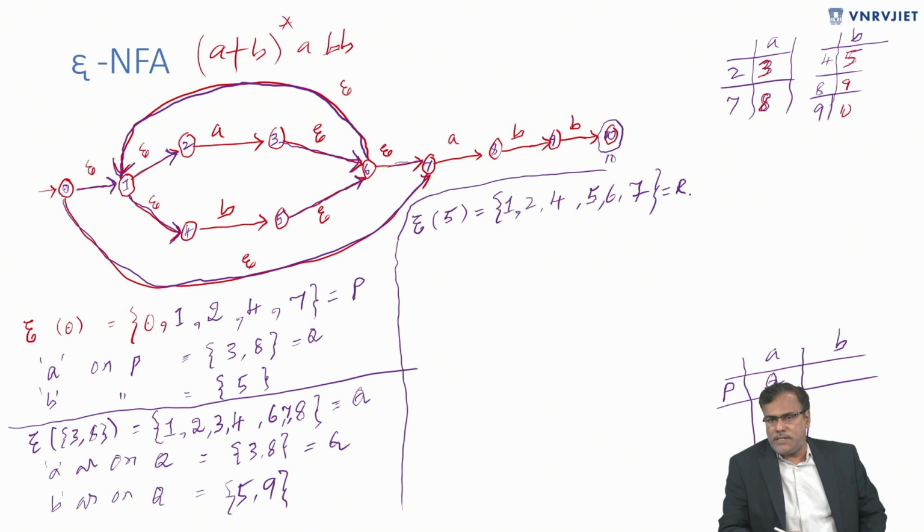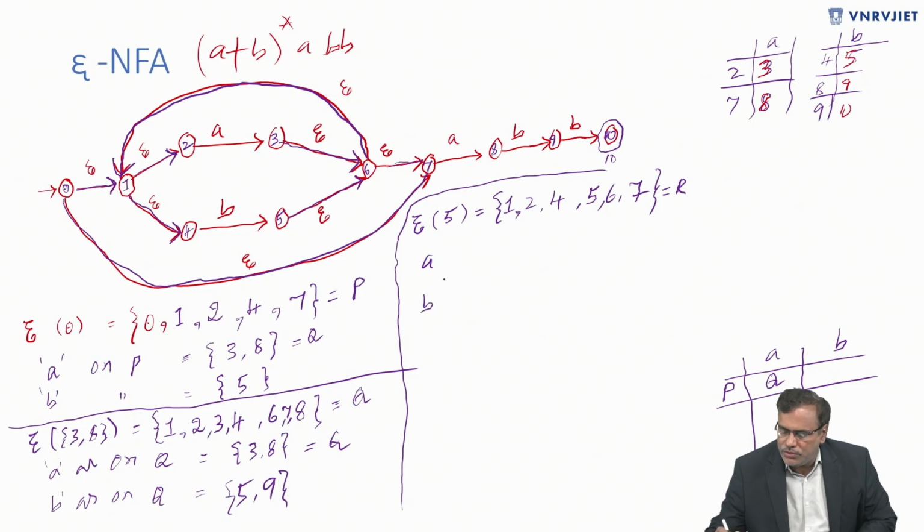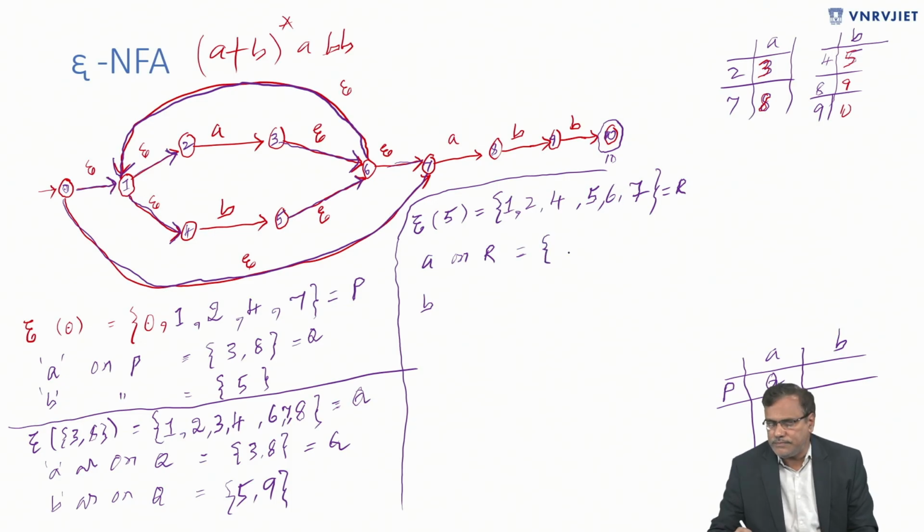So, after finding epsilon closure, what you are supposed to do? You have to find same as usual, A as input and also B as input on that epsilon closure. So, A as input, B as input. So, A as input on epsilon closure of 5, I have given the name as R, right? So, A as input on R, what states you can reach? That you have to find.